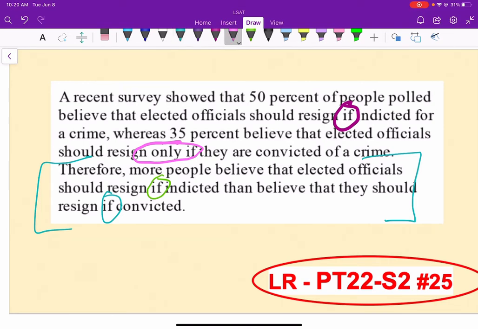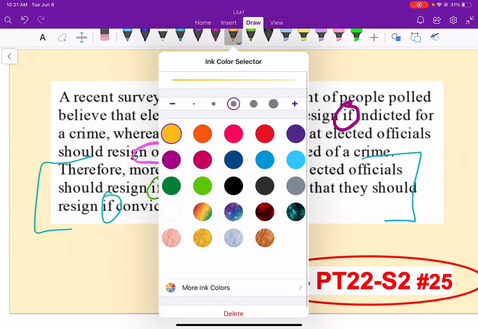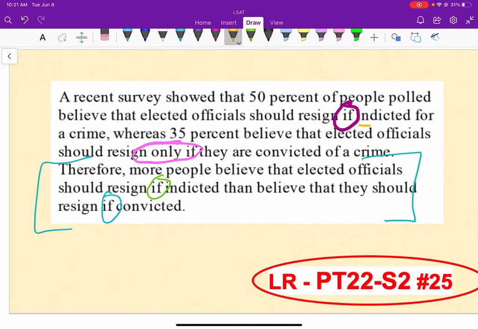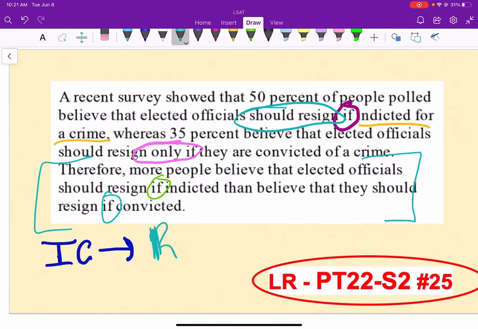And so here we say, how do we diagram this first sentence? 50% of people polled believed that elected officials should resign if. So remember, if introduces our sufficient condition. So if indicted for a crime, then what? You should resign. Excellent. So we got that so far? Perfect.